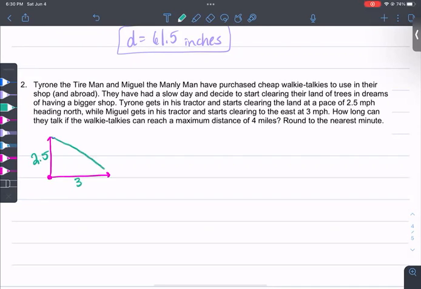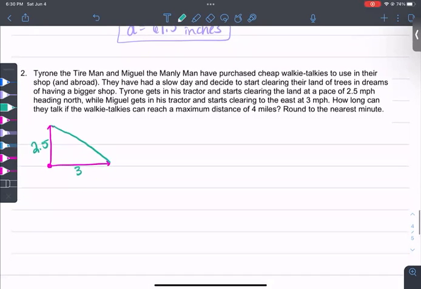So again, we can use the Pythagorean theorem to find out the pace across there. We have a maximum distance of 4 miles. So we would want that to be 4.